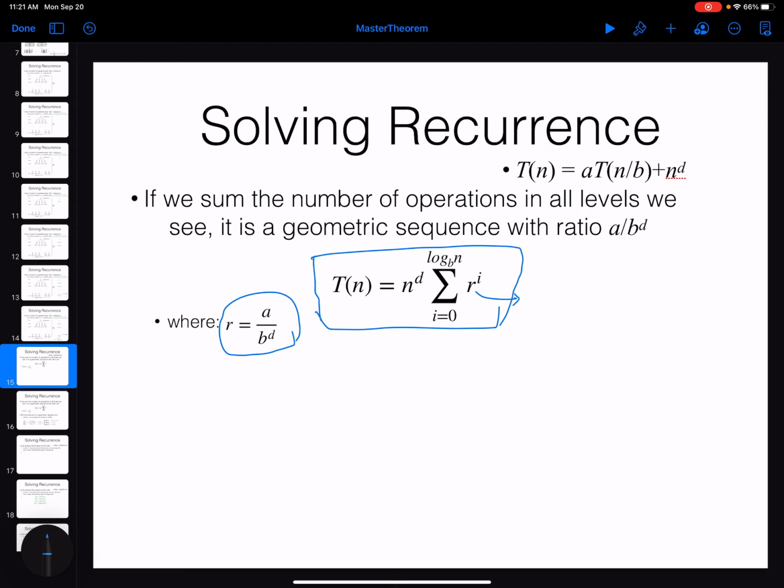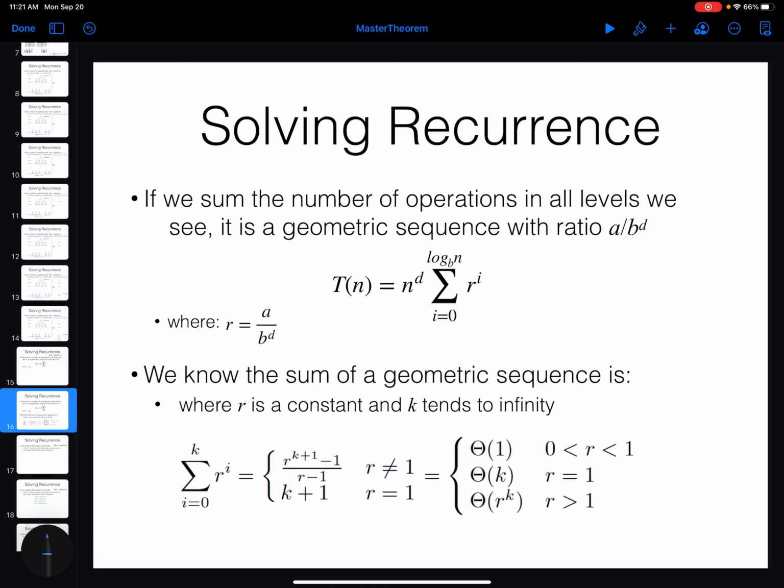Now the question is, how can I find the solution for different values of this ratio? Based on the formula, I can calculate the ratio, but there are going to be many different cases for this ratio.